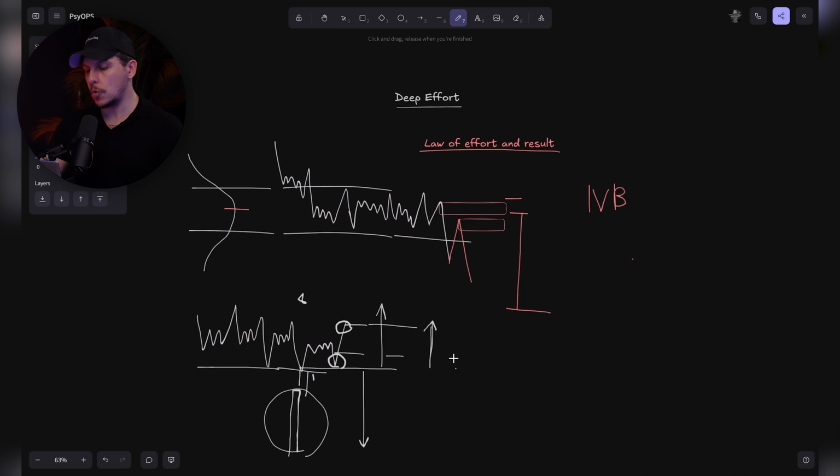So as an analyst, I can understand that the probability that we continue higher, to tap into this high, is the biggest one. Maybe you have the same effort from aggressive buyers and aggressive sellers, but the sellers are completely absorbed. So we need to frame this into one single law, the law of effort and result.